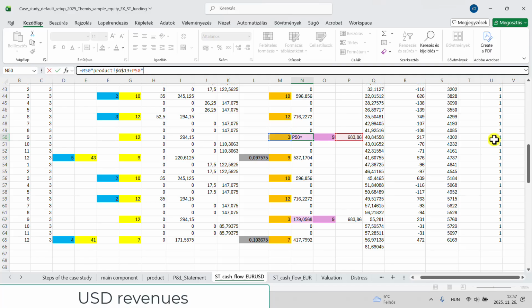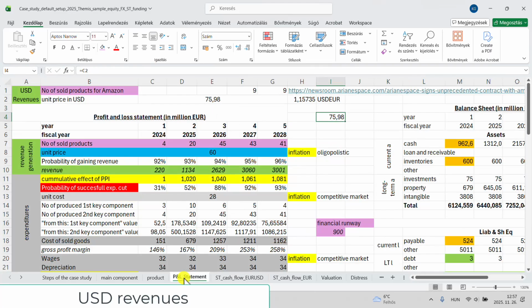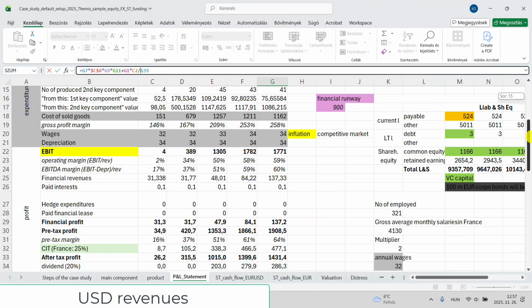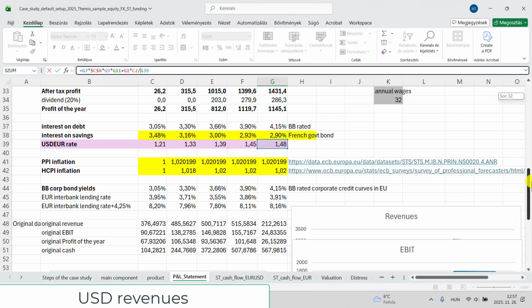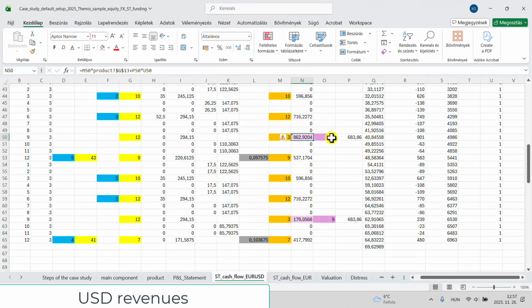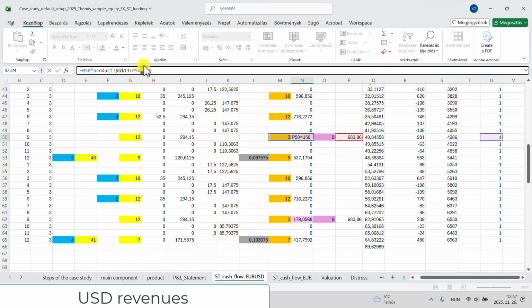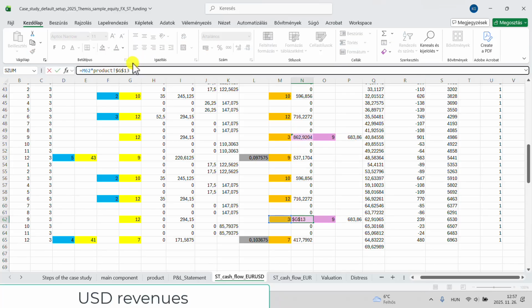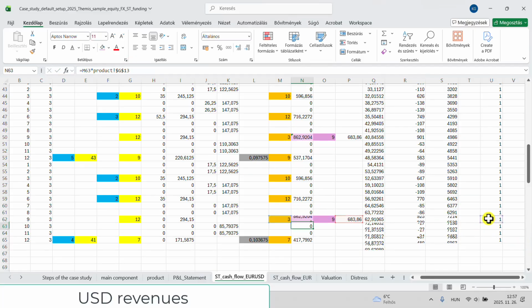You have to multiply it or divide it. What have we done here? Okay, we were dividing it. So plus you divide it by the exchange rate.